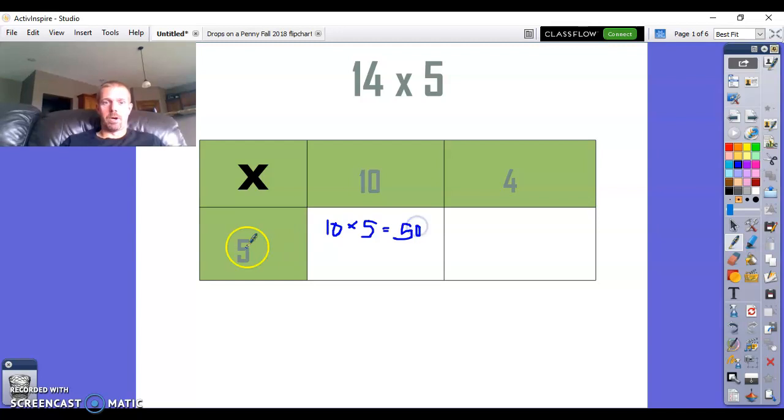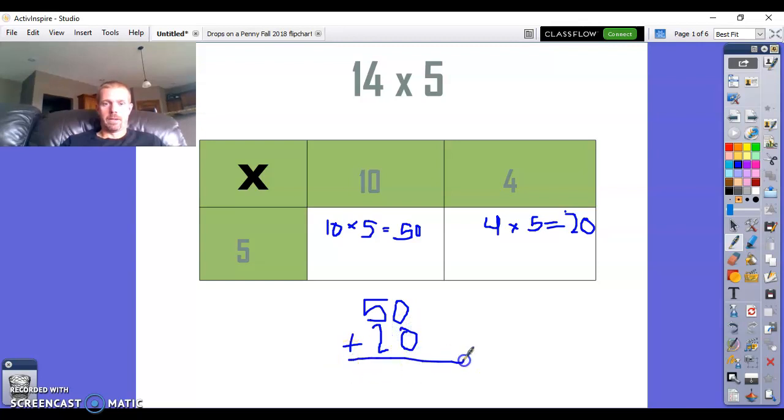And then in the other box, we're going to do 5 times 4 equals 20. And then 50 plus 20, start in the ones place, 0, 5 plus 2 is 70, so it's going to equal 70.